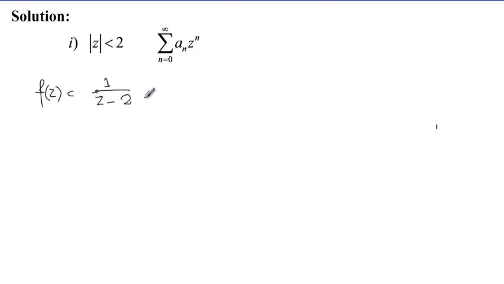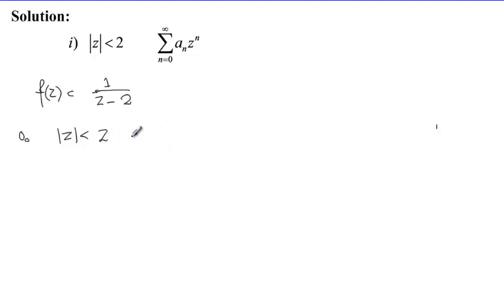Now we need to develop this, expand this function in power series of this form. So now our initial step, let me number it 0, is the condition: absolute value of z less than 2.